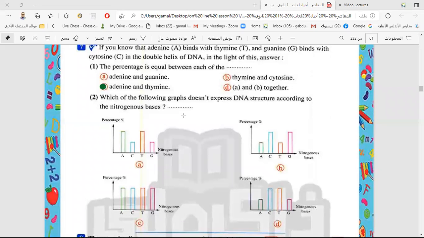We have to know that DNA has a similar number of A and T, and a similar number of C and G. So this one may be correct.